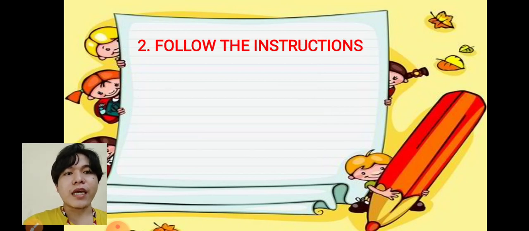Next, number 3, follow the instructions. There are really students who were not able to follow instructions. I already put it there. The file name should be Martinez 82, the file name should be Rosero 83.